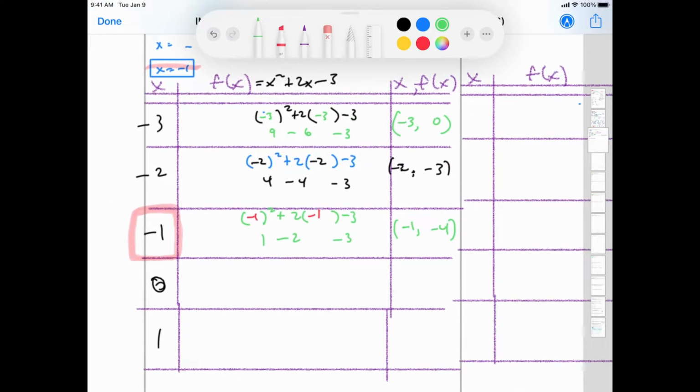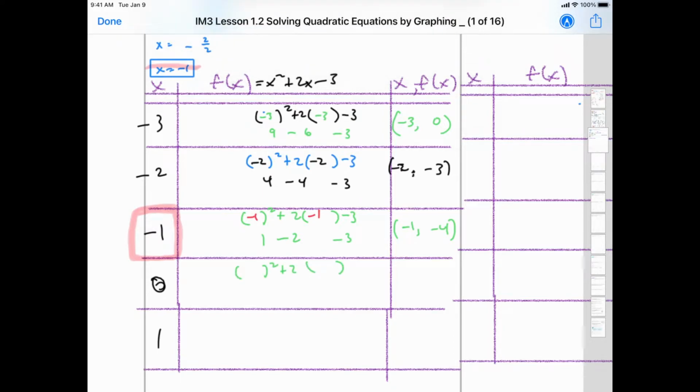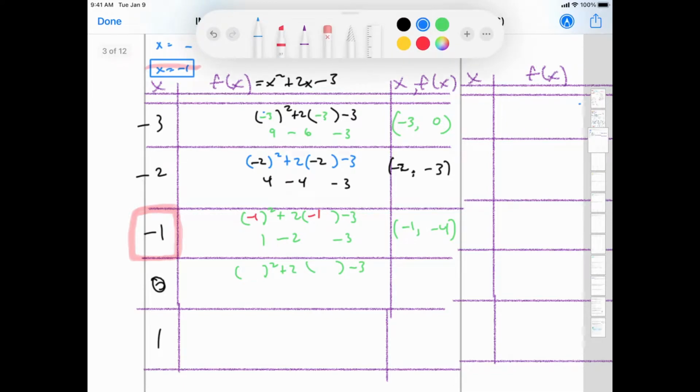And let's do the same thing for 0. 0 plus 0 minus 3, your answer is going to be -3. 0, comma, -3.